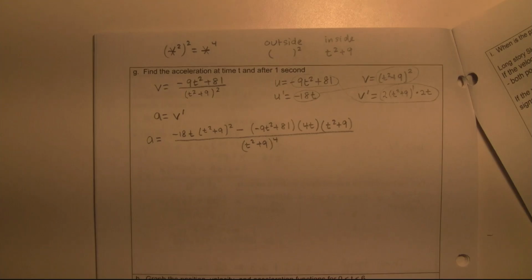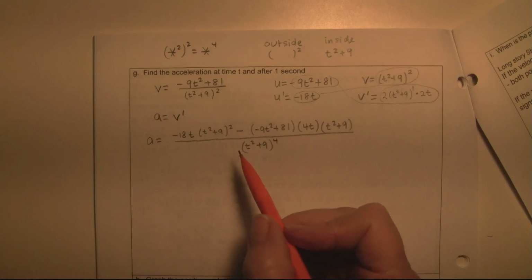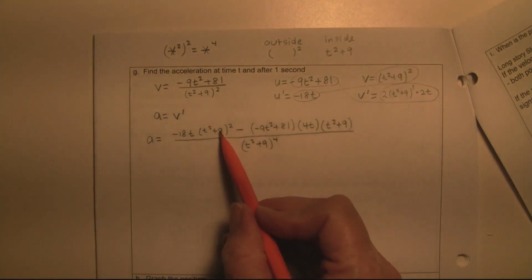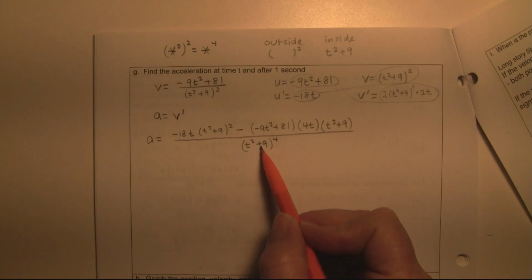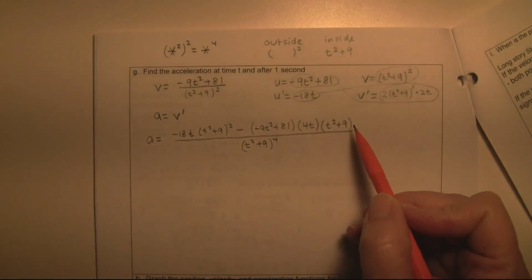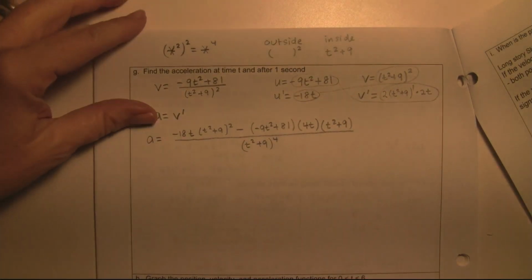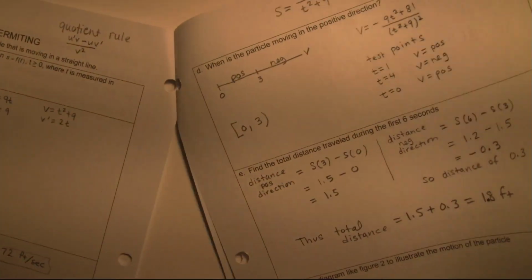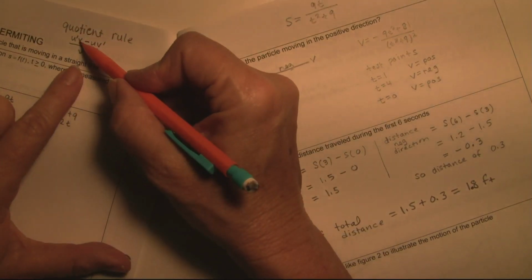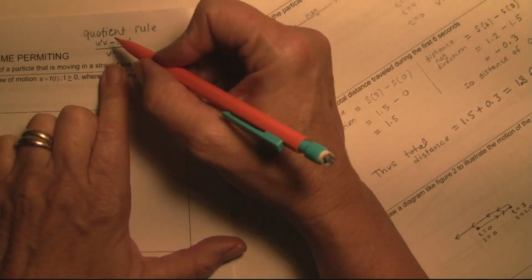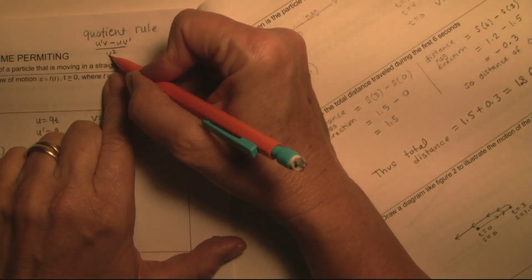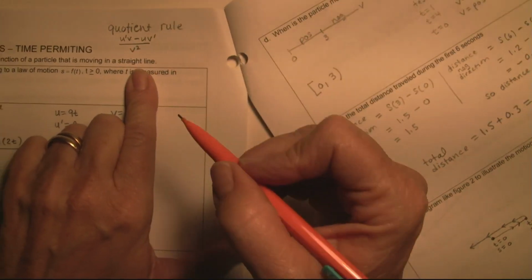Okay, so now I want you to notice t squared plus 9 squared, and t squared plus 9 to the 4th, and t squared plus 9. Because the way the quotient rule is, you always have v here and v squared here, and they don't typically cancel out.